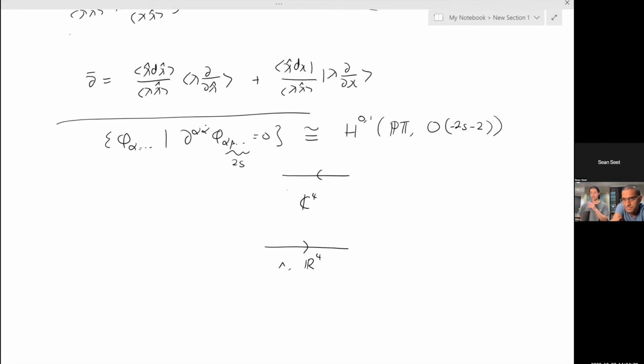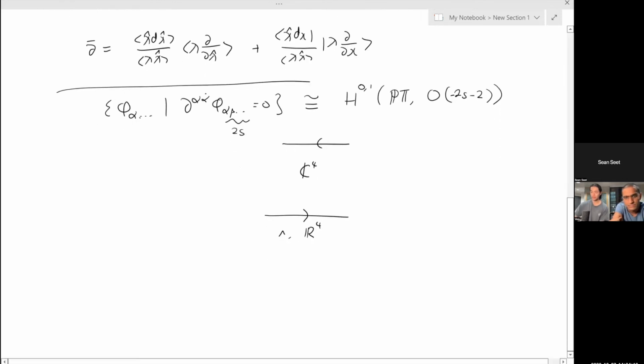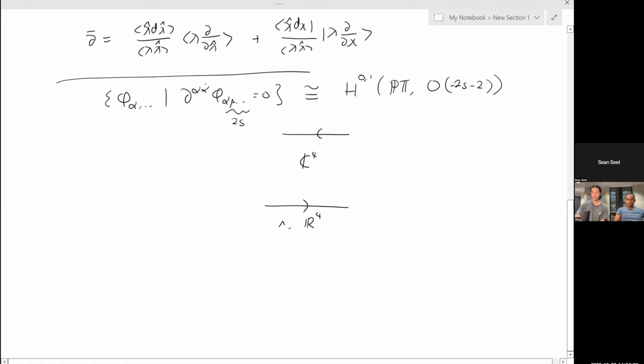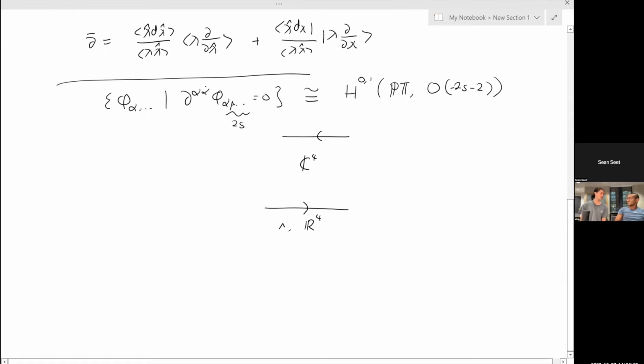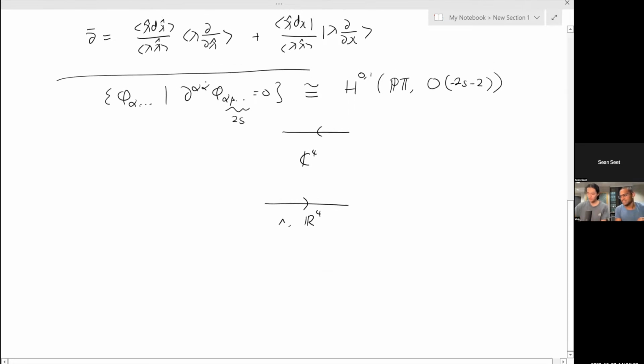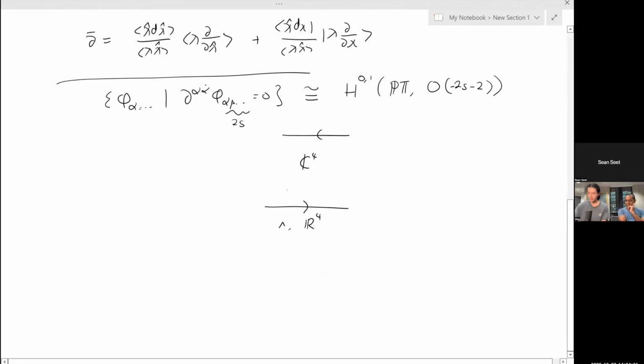Given a space-time field that satisfies this, you can construct an H01. In order to motivate some of the steps, I'll have to talk about integration on CP1 first. Please go ahead. All right, so when you integrate on CP1, right?